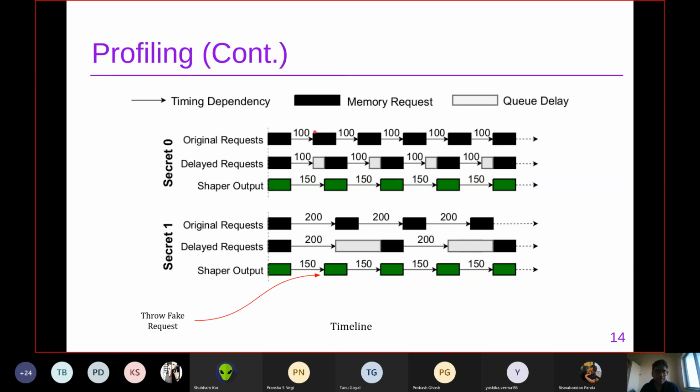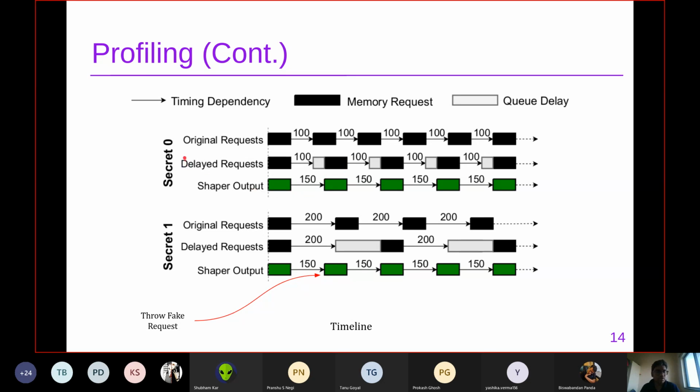Next, after 100 cycles, the victim again emits a request. However, the shaper hasn't emitted any request, so we queue this request. Then after 50 time units, when the shaper actually outputs its own request, we see whether the queue contains any victim request. If it does, then we emit that request.